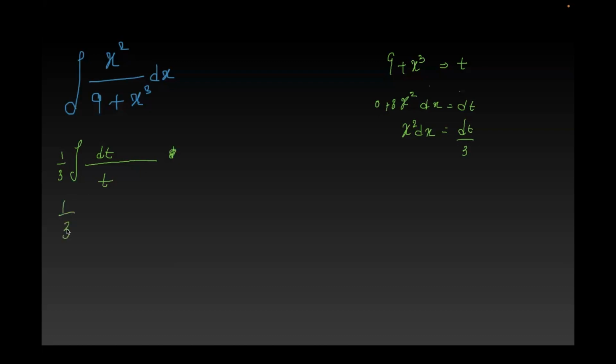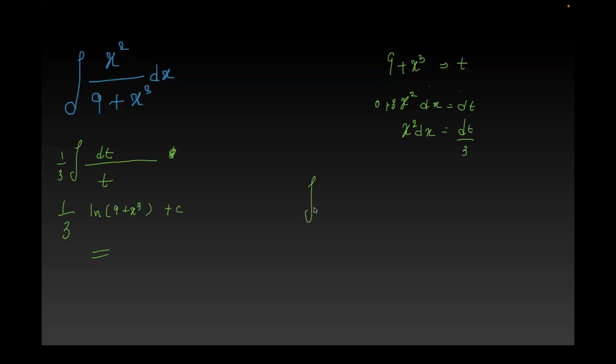Now basically it is integral 1 by t, ln of t. So what is the t? 9 plus x cube, plus c. Is this clear? Tell me. That's it. What did I do? I got ln t, but t I put as 9 plus x cube.